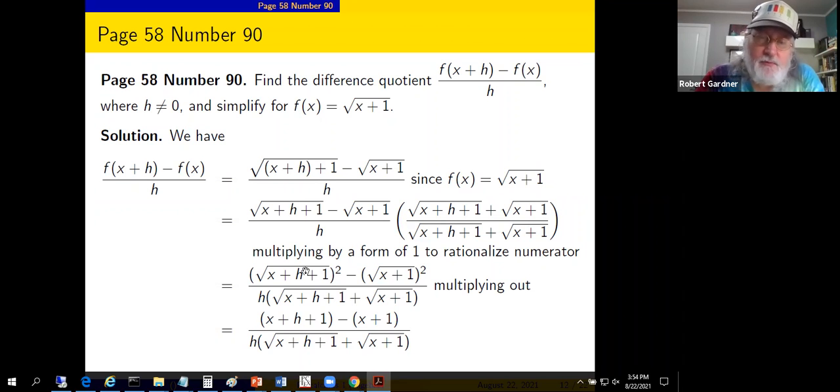Let me run those words by you again. When you take the square root of something squared, you get the absolute value of the something. When you square a square root, you simply get the stuff inside the square root. Order matters. Here, no absolute values. We're squaring, we just get the stuff inside the square root. That's why we did this, to simplify the numerator.